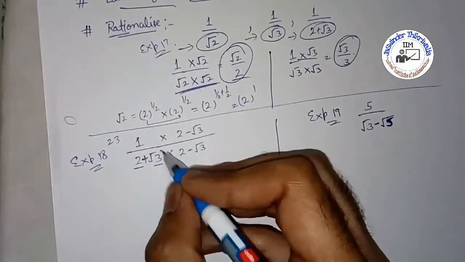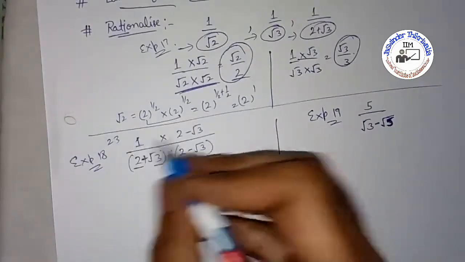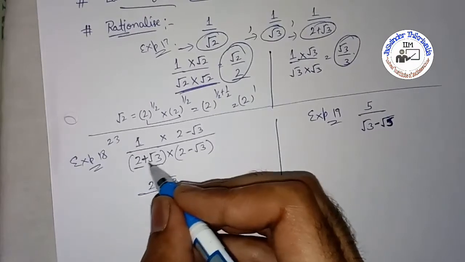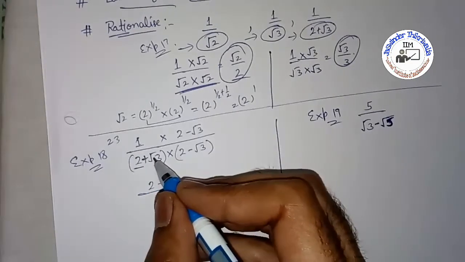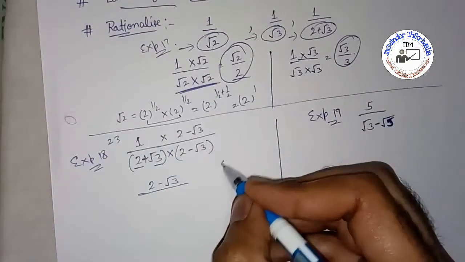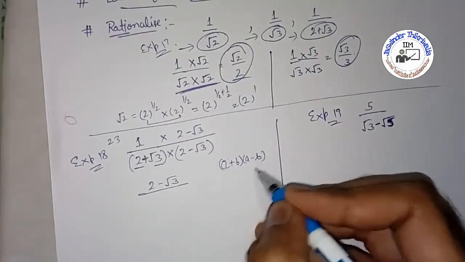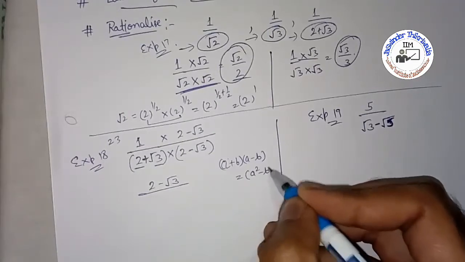Then you can take the product of all these. Numerator times numerator, you will get 2 minus under root 3, and in the denominator we will apply a property. Here it is (a plus b)(a minus b). If there is a plus b and a minus b, then we will get a square minus b square.